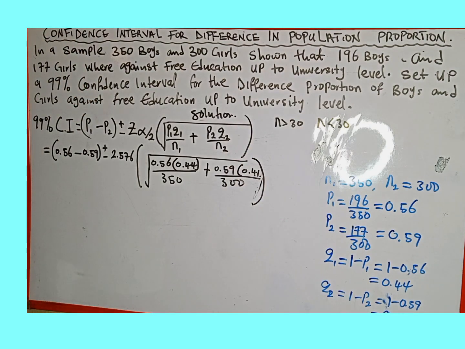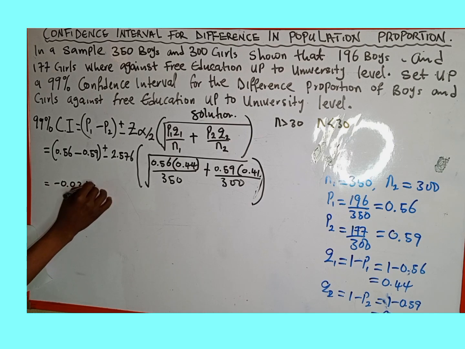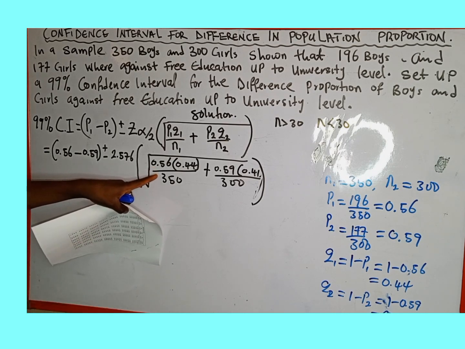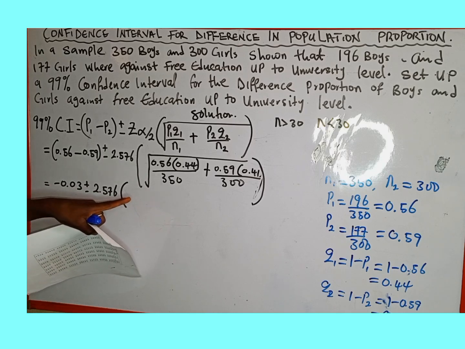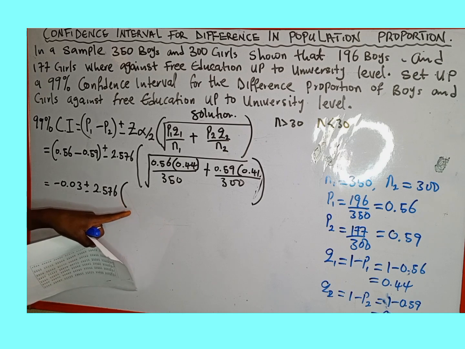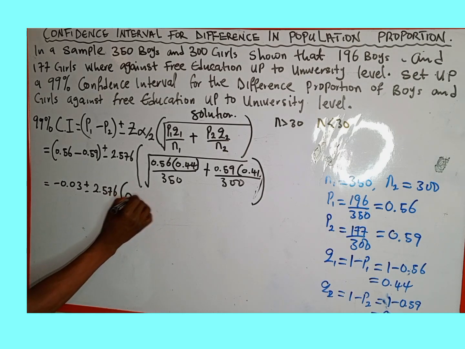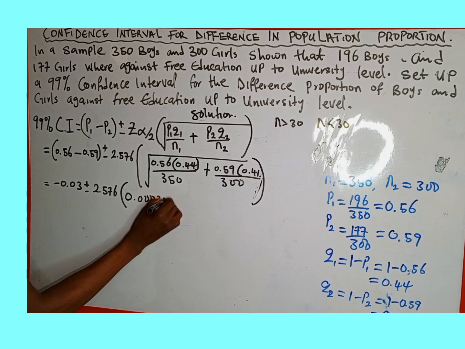So the next thing we're going to do is to simplify. We're going to have 0.56 minus 0.59, which gives us minus 0.03, plus or minus 2.576. Then you open bracket. If you simplify 0.56 multiplied by 0.44, then divided by 350, it gives us 0.000704.